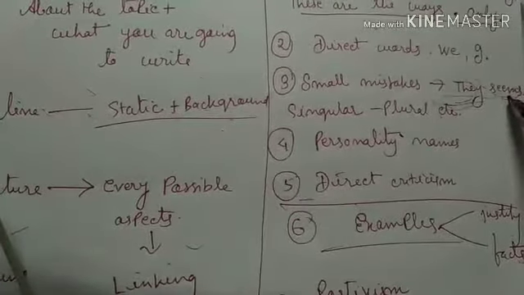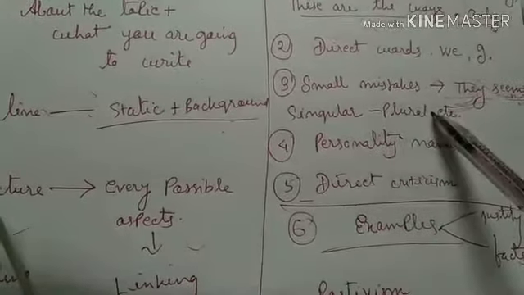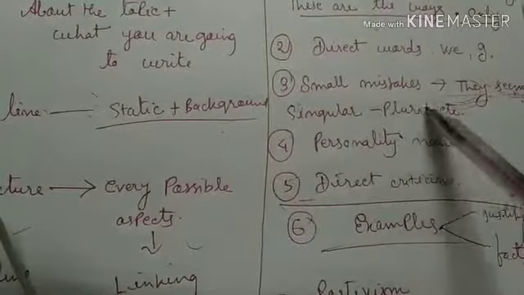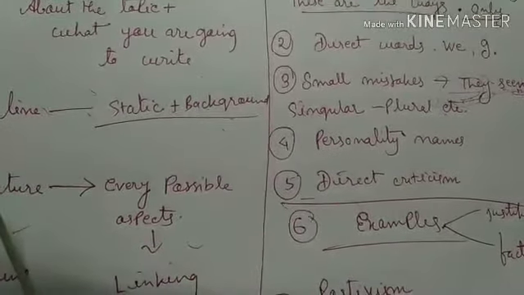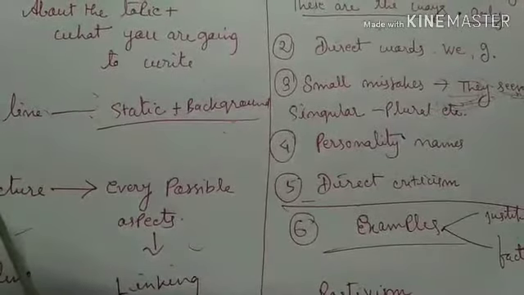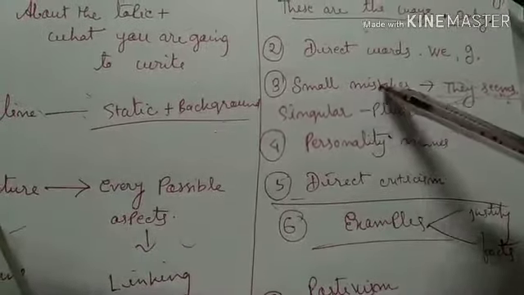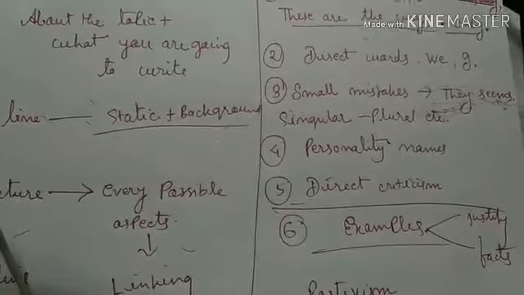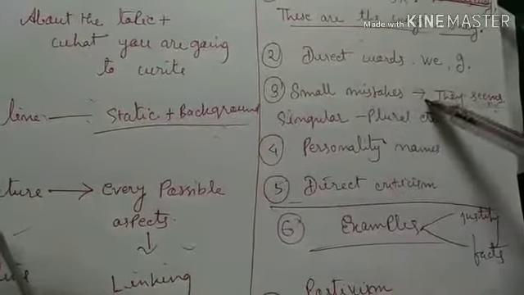Do not use this kind of thing. Singular and plural: if you are using a singular verb, then do not use plural nouns. The distinction between singular and plural has to be maintained. These small grammar mistakes project your image in a very bad way, so do not make such mistakes.